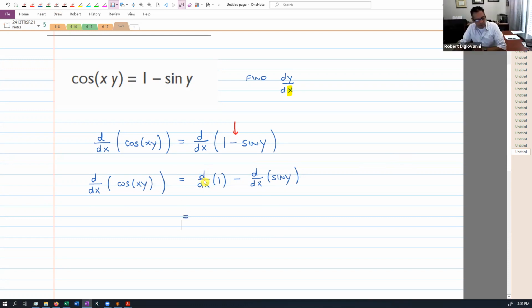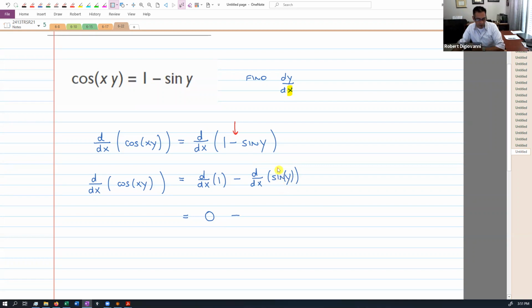So what about the derivative with respect to x of 1? It'll just be 0, because the derivative of a constant is always 0. Okay, so here's the part that's tricky. The derivative with respect to x of sine of something would be what? Cosine. Now this is going to be a composition, outer and inner, right?